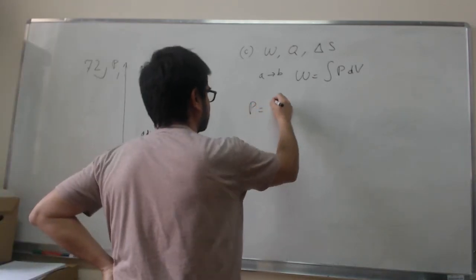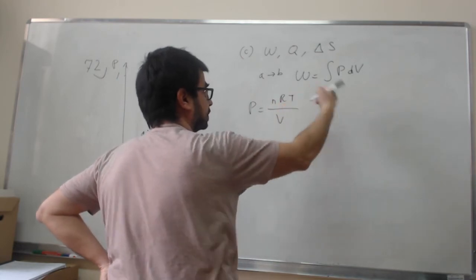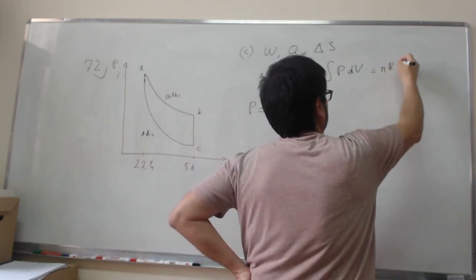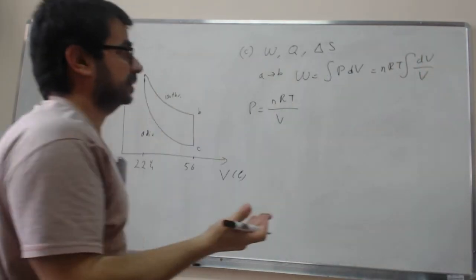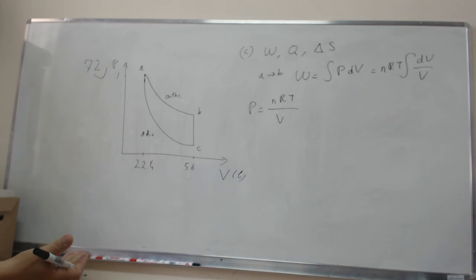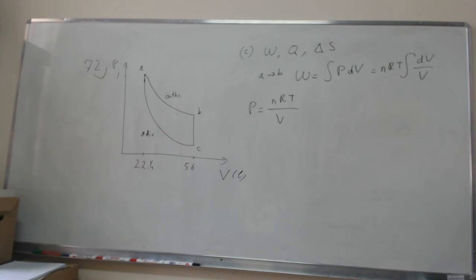So P is nRT by V. All of these are constant. So this is just nRT times the integral of dV by V. All right, so it's just a logarithm of two different volumes, and the difference of logarithms is going to be the logarithm of the ratios.